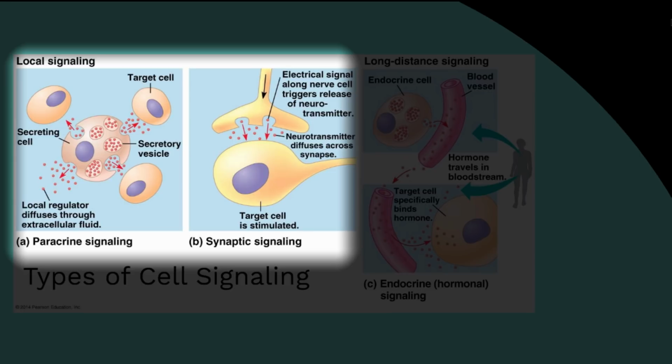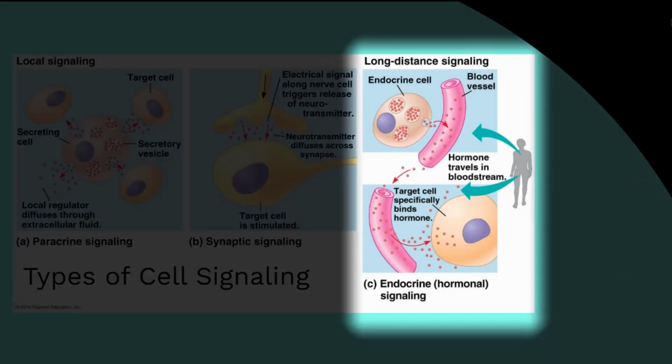And we can also see communication between cells that are very far apart in extreme different areas of the body, and that would be our endocrine system, our hormonal system.